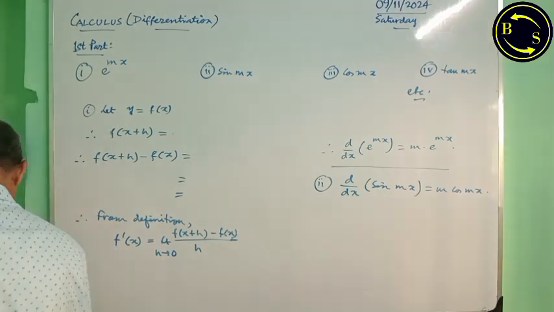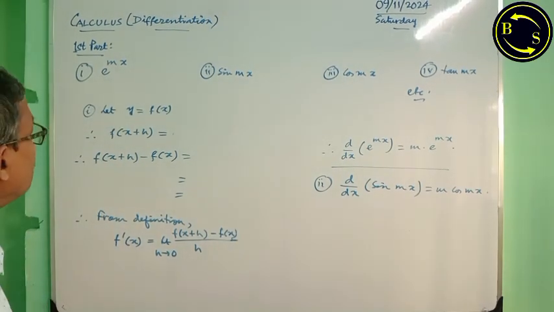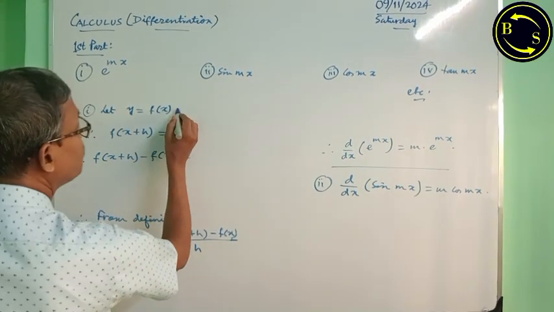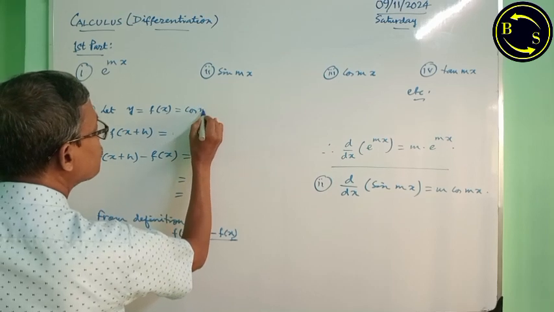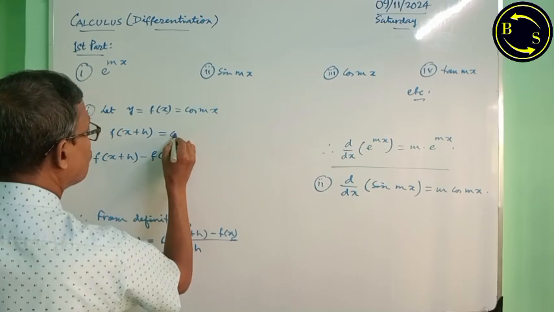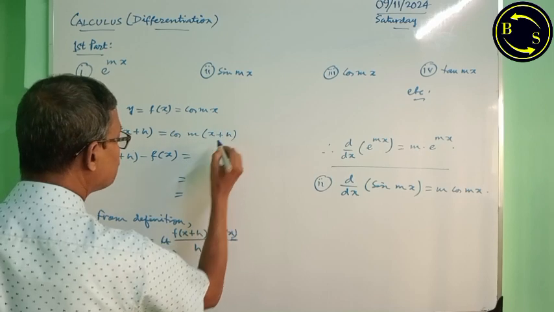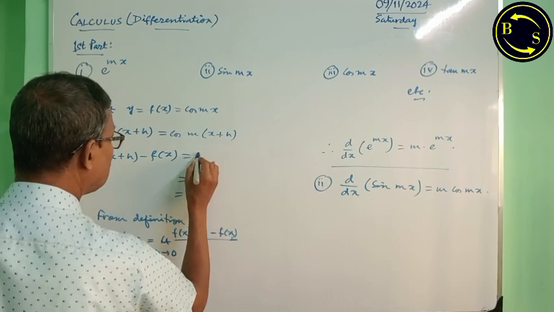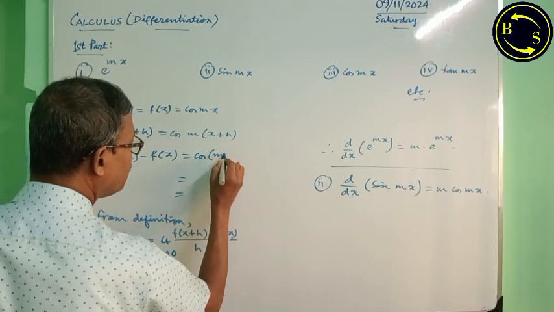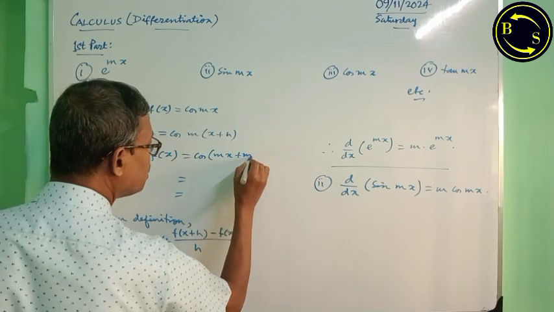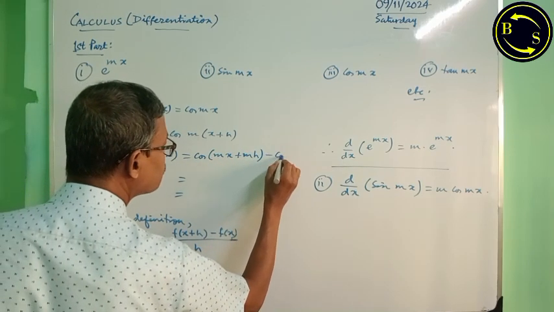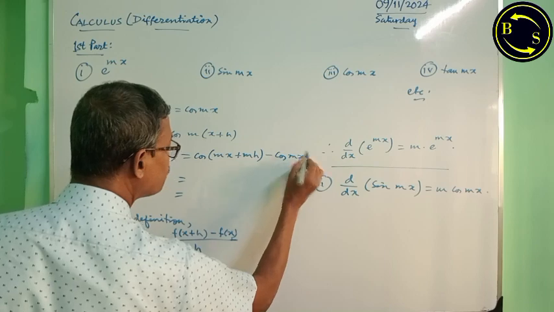I keep the format same, f(x) will be equal to cos mx, f(x plus h) is cos of (mx plus h). Therefore this will be cos(mx plus mh) minus cos mx.